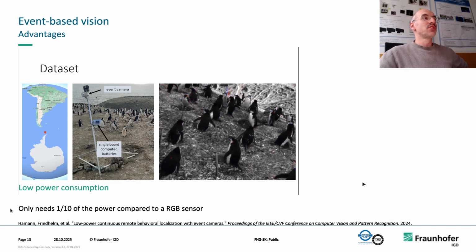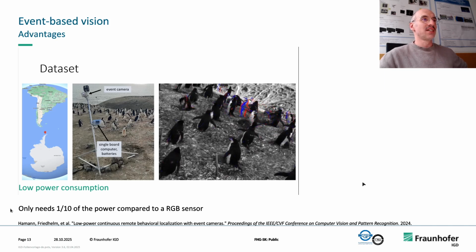On this slide, you see an experiment conducted by a different group, not at Fraunhofer, where the goal was to monitor the penguins at the South Pole. Because the penguins have no power line, the whole system had to be self-contained and battery-powered. And in order to reach a high enough frequency to actually record the motion of the penguins, the RGB camera would have drained the battery very fast.